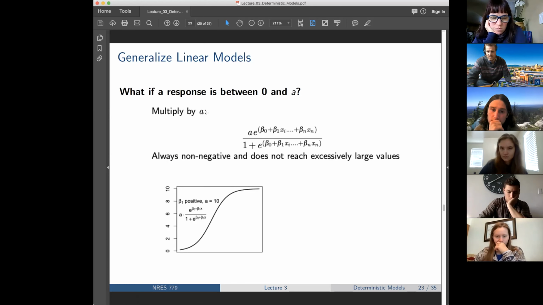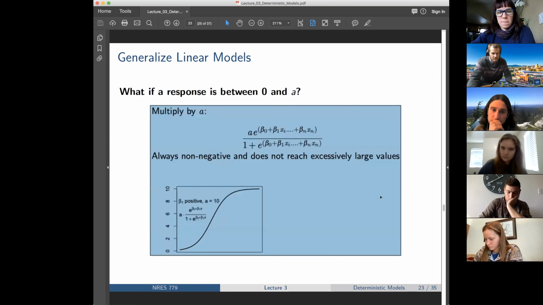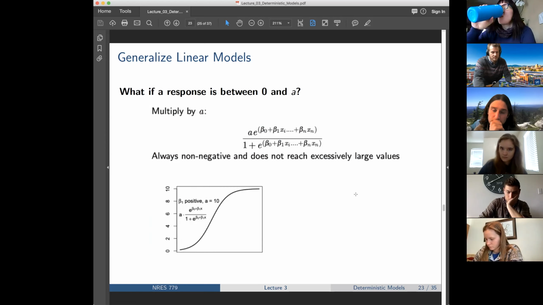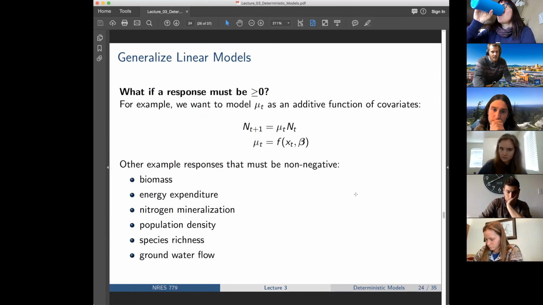So it's a simple transformation to convert data not just between 0 and 1, but between 0 and whatever we want that maximum bound to be, whatever a is. All right, what if a response must be greater than or equal to 0?